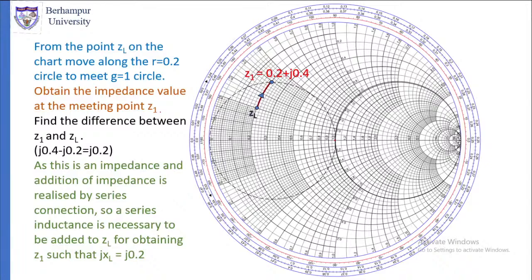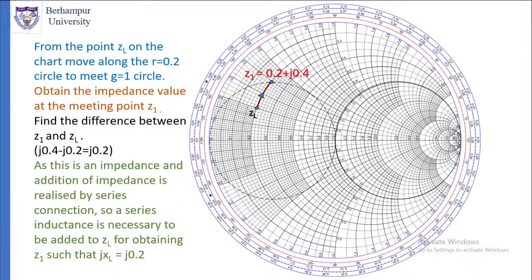Now find the difference between Z1 and ZL. Remember this is important: the difference between Z1 and ZL, not ZL and Z1. Z1 is equal to 0.2 plus J0.4, and ZL is equal to 0.2 plus J0.2.